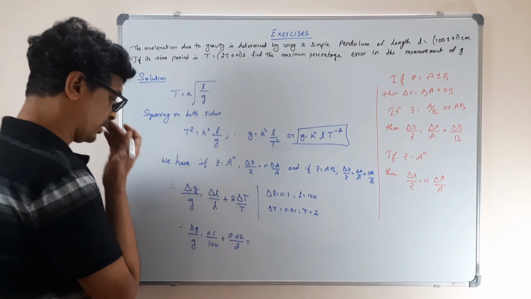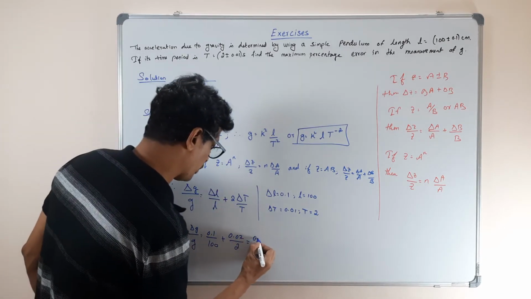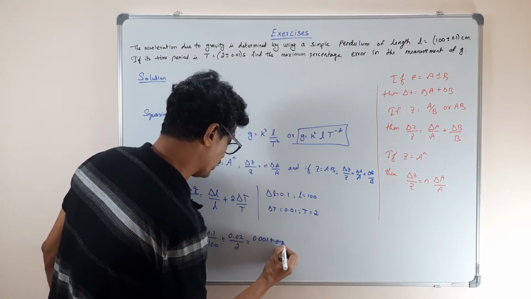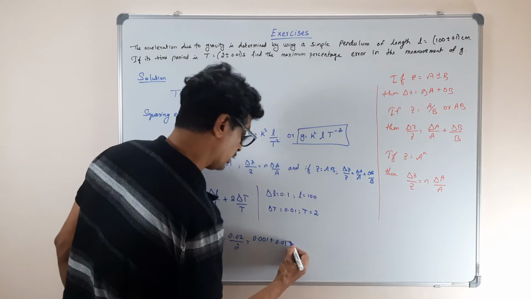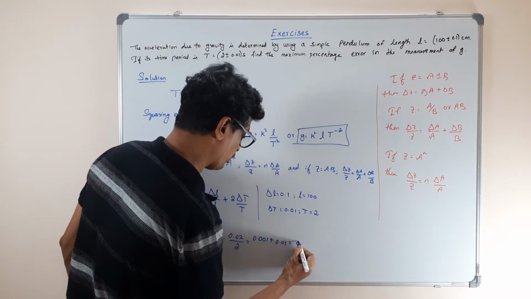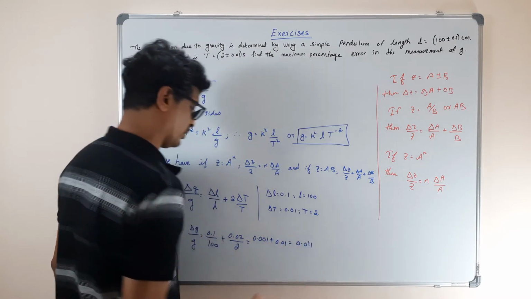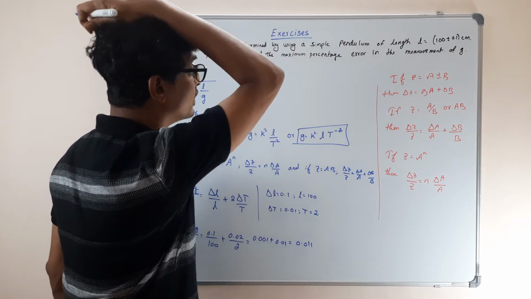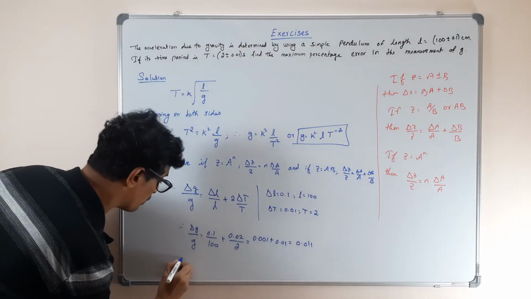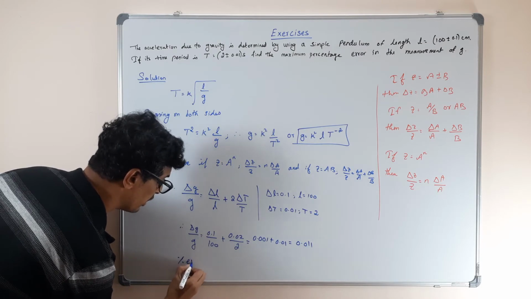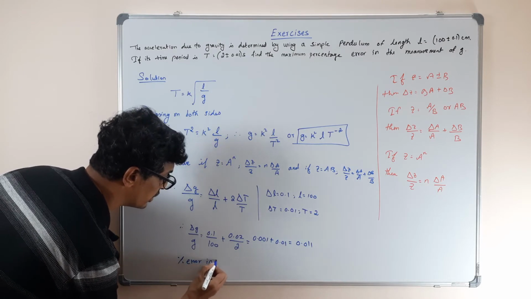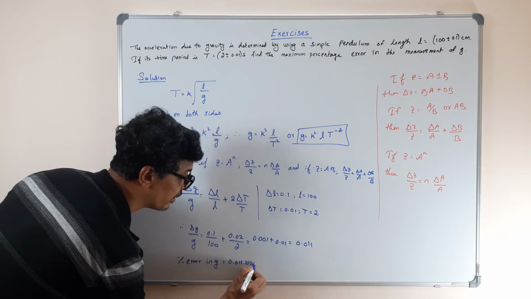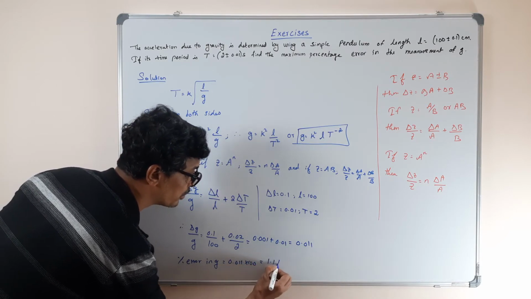This is 0.001 plus 0.01, so this will be 0.011. They want the percentage error, so the percentage error in G will be 0.011 into 100, that is 1.1 percent.